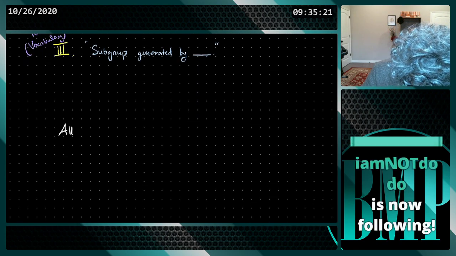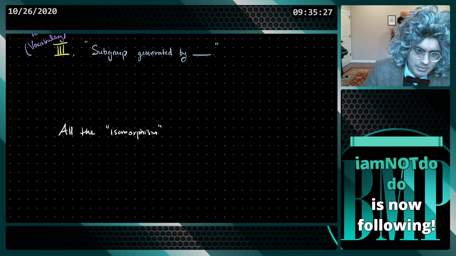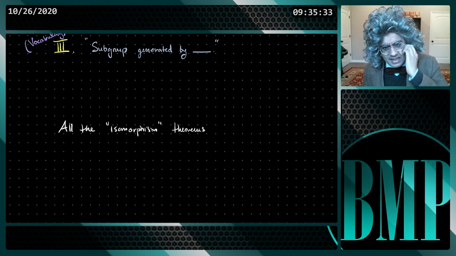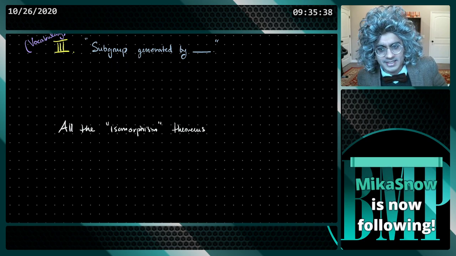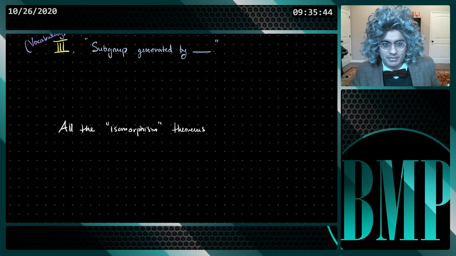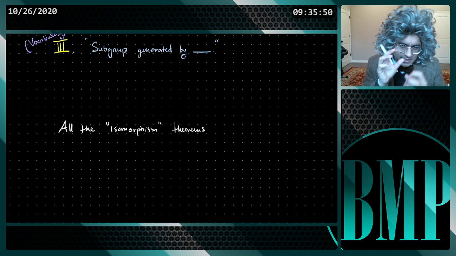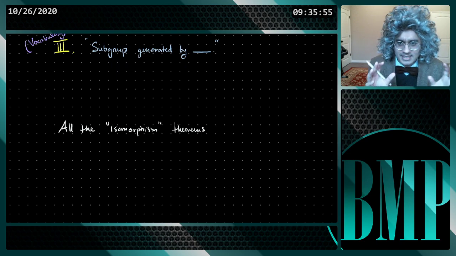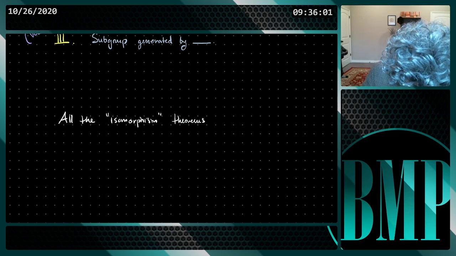So all the isomorphism theorems, you know, the ones with names, they all date back to Emmy Noether, who is famously probably one of the first female great mathematicians. She's the first one who really isolated the abstract essence of the following type of situation. All these isomorphism theorems involve the following setting.